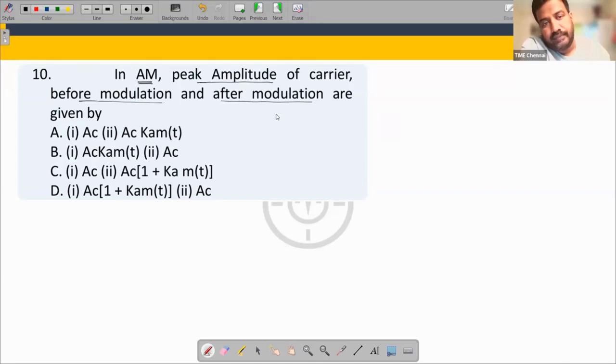Before modulation, carrier signal c of t is Ac cos 2 pi fc t.